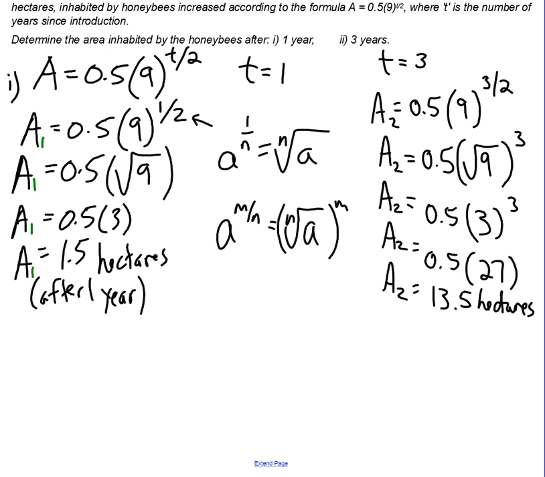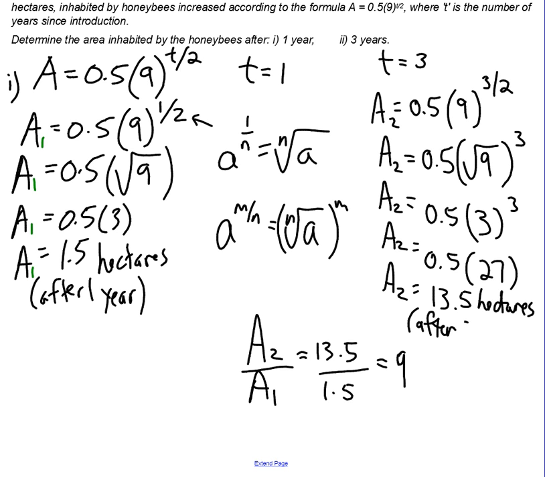So only 2 years later, the amount of coverage, if we look at it as a factor, is almost 10 times as much. 13.5 divided by 1.5 actually is exactly 9. So our area of land has increased by a factor of 9 after just 2 more years. That just shows exponential growth, which we'll study a little bit more in chapter 5.